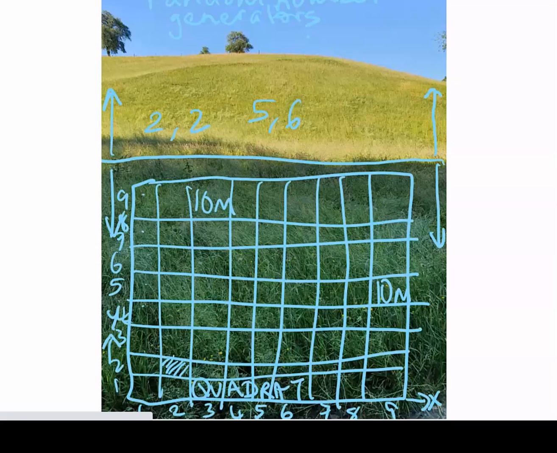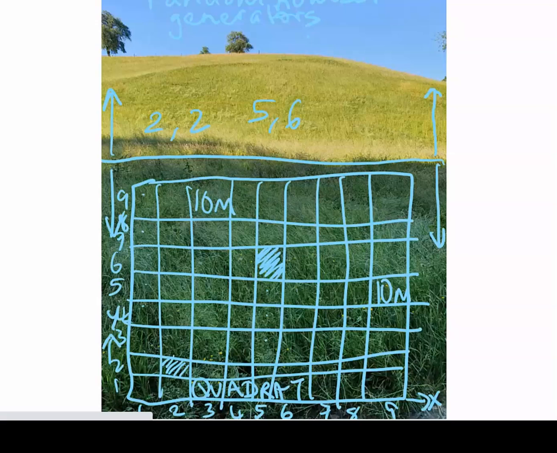So 5 is here, and then 2, 3, 4, 5, 6, and then this is the next one. And you would keep on going until you've sampled sufficient of this quadrat. Now, that might be 10%, but it might be a different number, and we'll talk about that in another presentation.